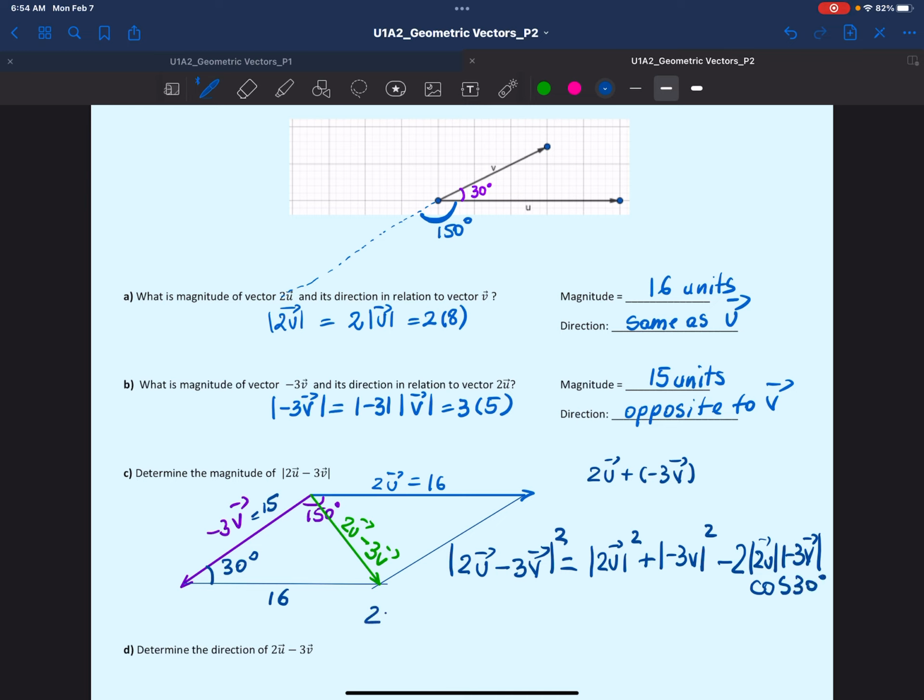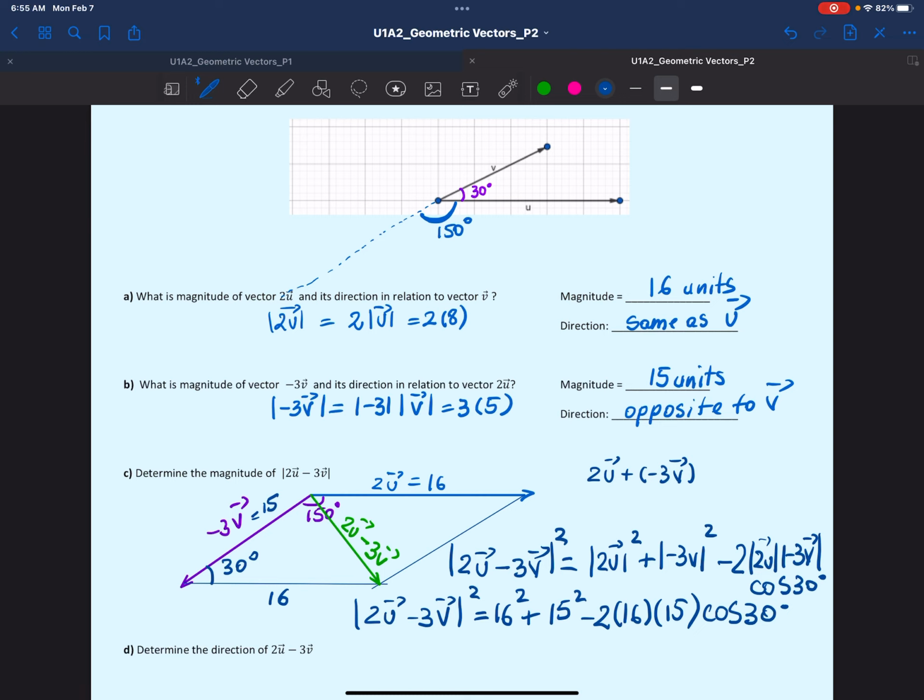In other words, 2u minus 3v magnitude squared equals, remember 2u has a magnitude of 16, so that's 16 squared, plus negative 3v has a magnitude of 15, so 15 squared, minus 2 times 16 times 15 times cos 30.